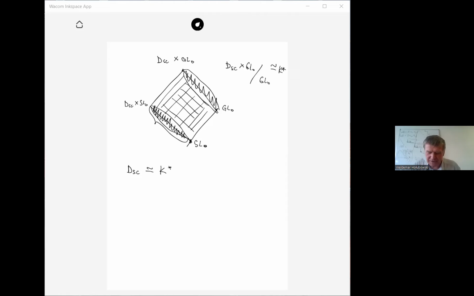So in fact, the situation reduces to finding all subgroups in such a group. Here you have a direct product K star times K star. Here K star depends on the scalar matrices, and here we have something from this quotient.